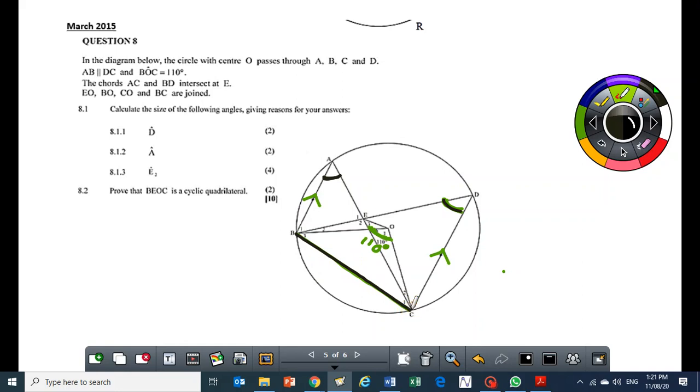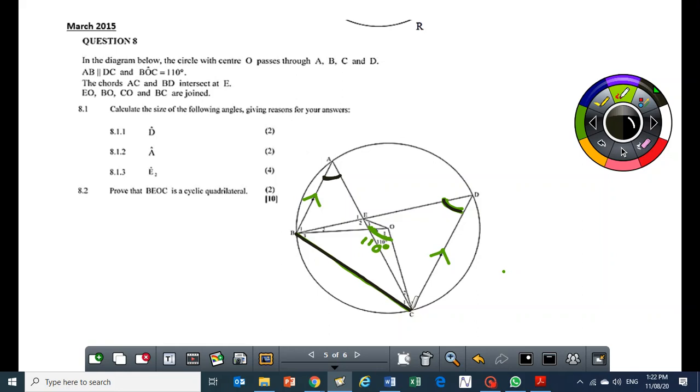So we can use theorem 4, which says angles in the same segment. If two angles on the circumference are subtended by the same line or by the same chord, then those angles will be equal. So angle A is equal to angle D. You can say angles in the same segment.